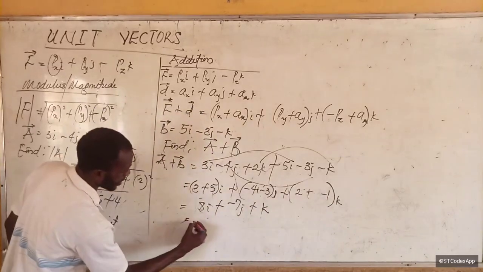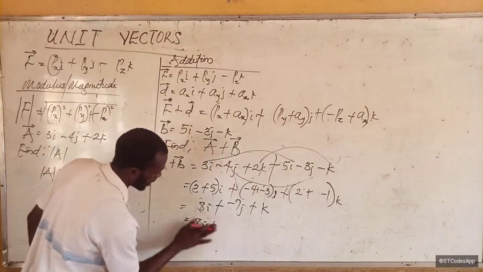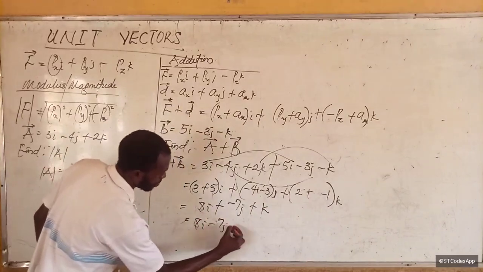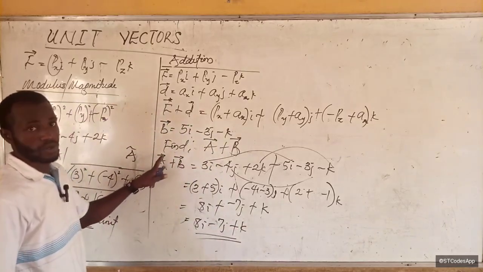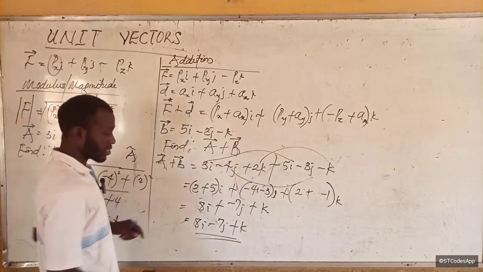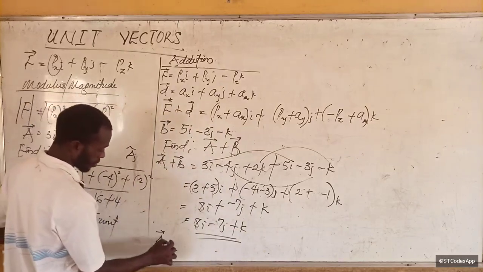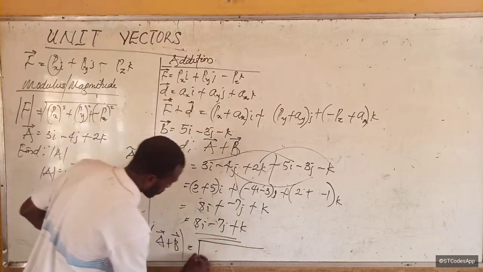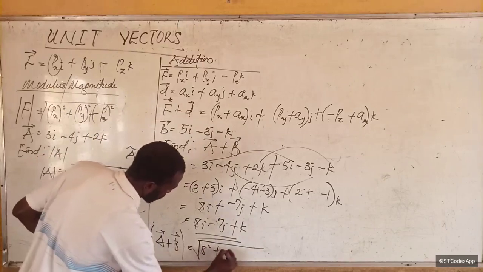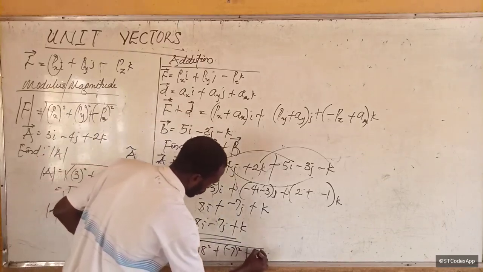All right, so what we have here is 8i minus 7j plus k, and this is the value of a vector plus b vector. But how do we find the magnitude of that? So the magnitude of a vector plus b vector will be equal to the square root of 8 squared plus minus 7 squared plus 1 squared.